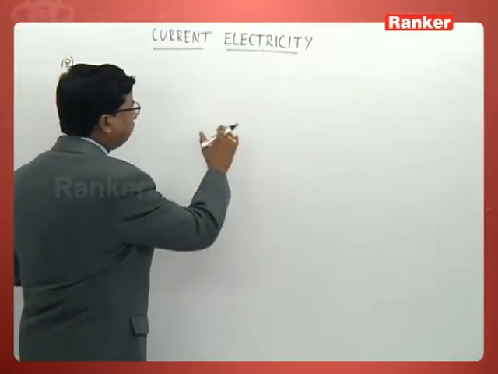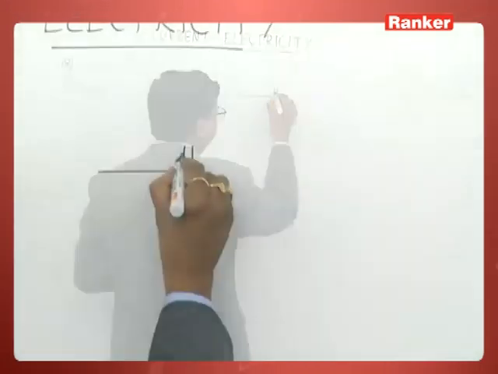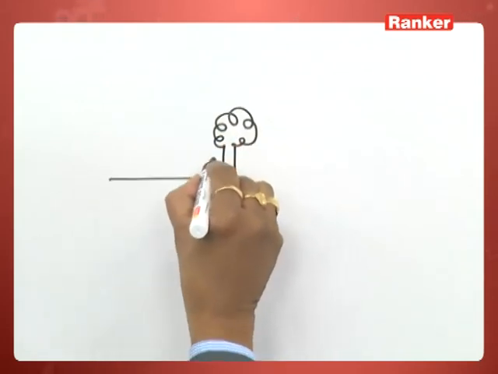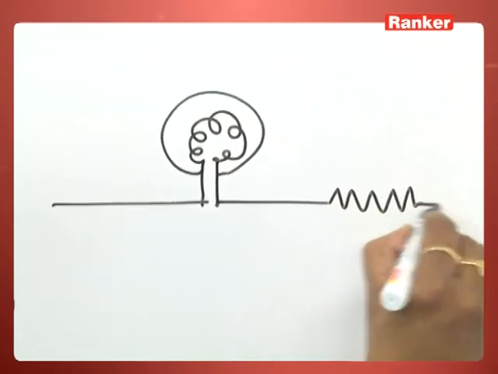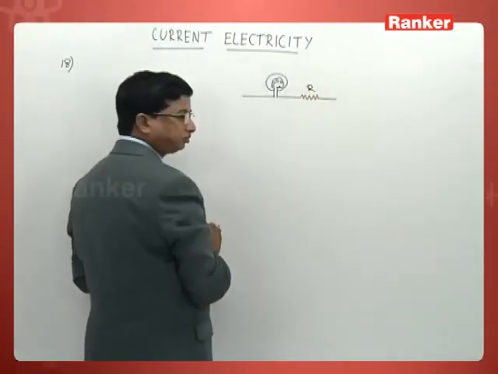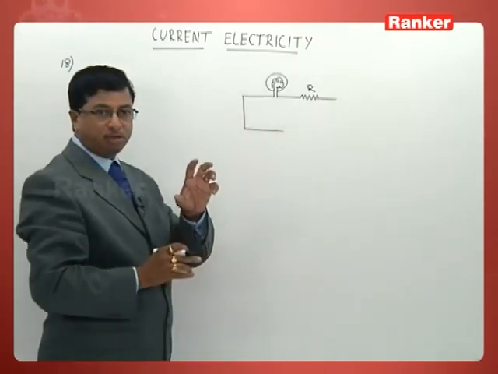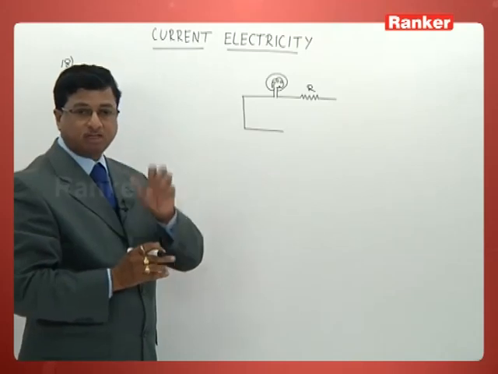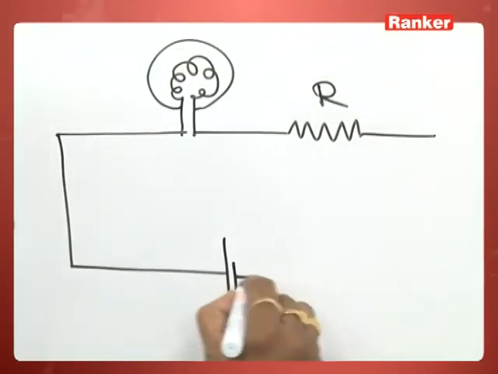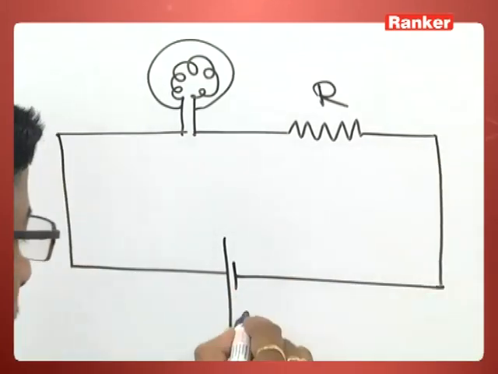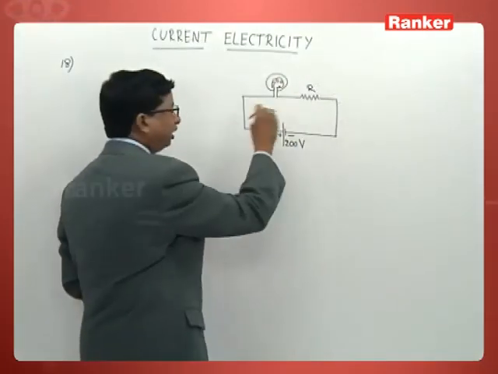Let us just take a small circuit here first. There is a small bulb like this, and there is a resistance like this. Both are now connected in series. That has been mentioned in the question itself very clearly. And of course, it is given here 200 volt PD that is connected across.